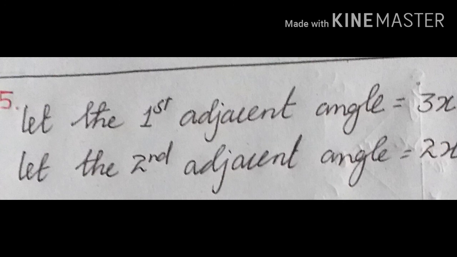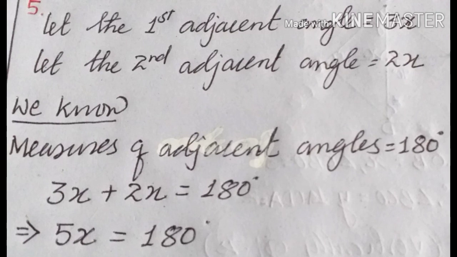Now we know that the measures of adjacent angles add up to 180 degrees. If we add two adjacent angles we get 180 degrees. So what are our adjacent angles here? The ones we let, 3x and 2x, added together will get 180 degrees. So 3x plus 2x, having the same variable, we can add these two.